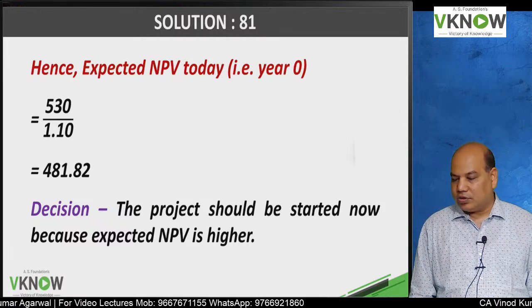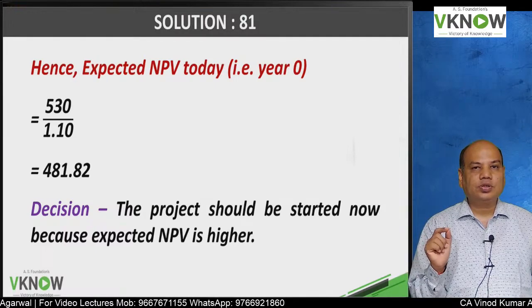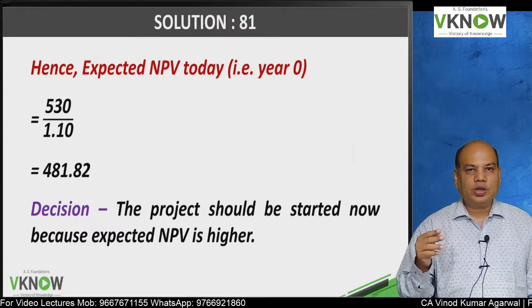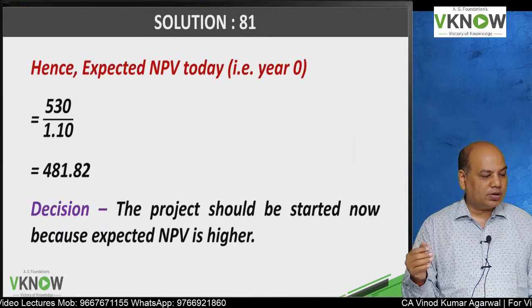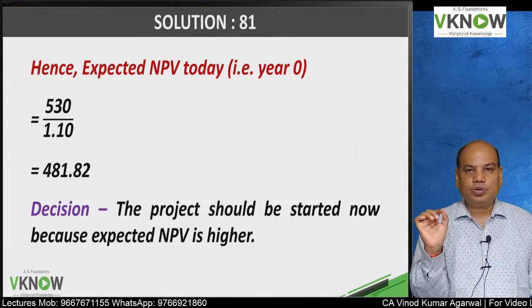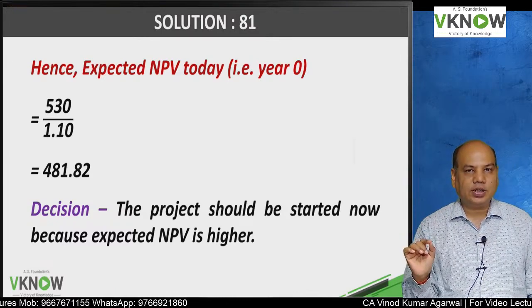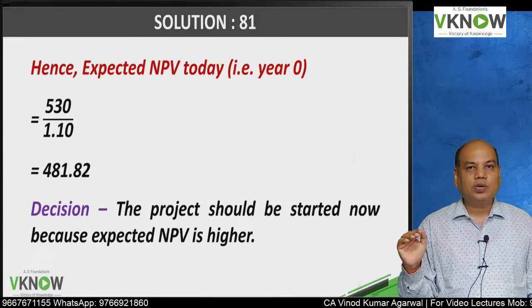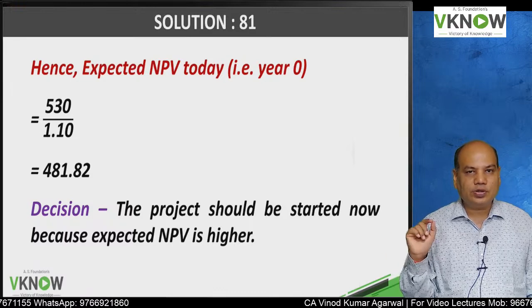So that was an easy question. But if they ask you question of postponement, and on postponement you have 2 or 3 possibilities, then you first compute NPV of each possibility separately. The one which is negative, you will say option will not be exercised, its value is 0.